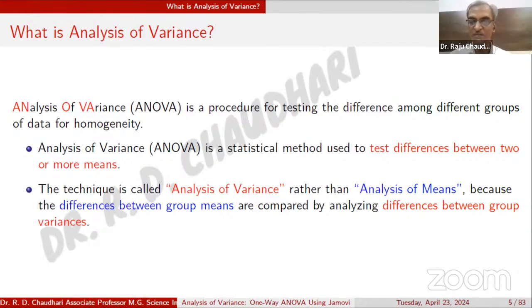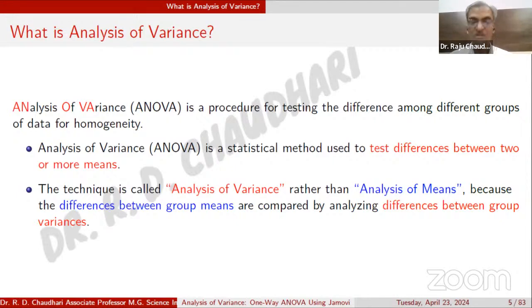So in a very simple way, it is used for testing significant differences between two or more means. For two means, we already have the independent sample t-test or dependent sample t-test. But when we have to compare more than two means, then we can go for analysis of variance.